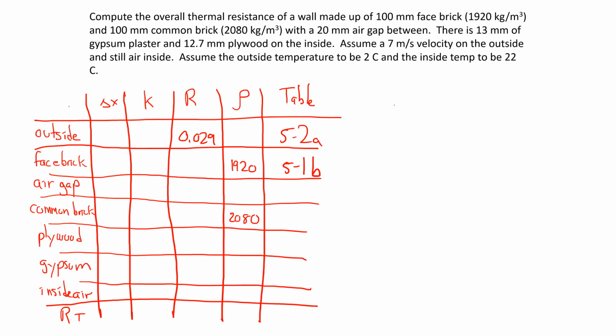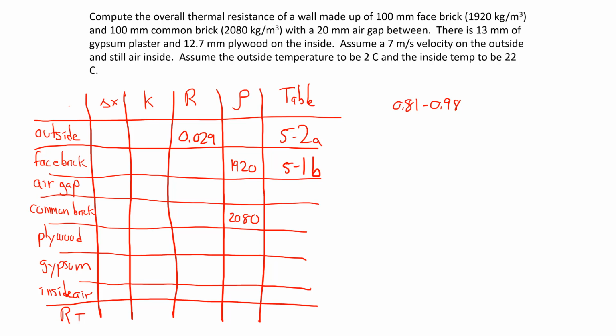For face brick, the density at 1920 kilograms per meter cubed gives you a conductivity range between 0.81 and 0.98 watts per meter Celsius.